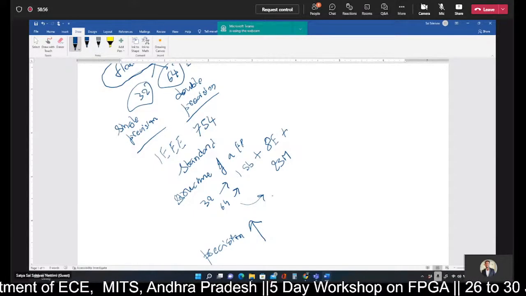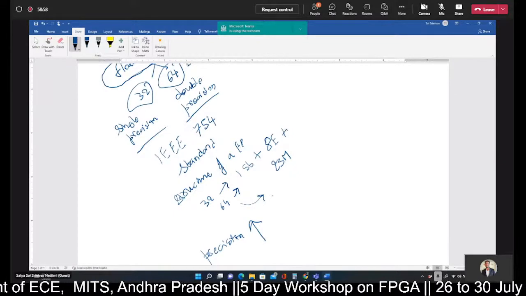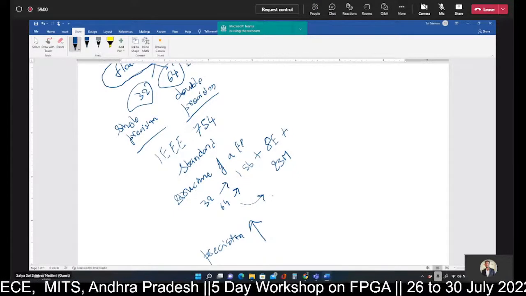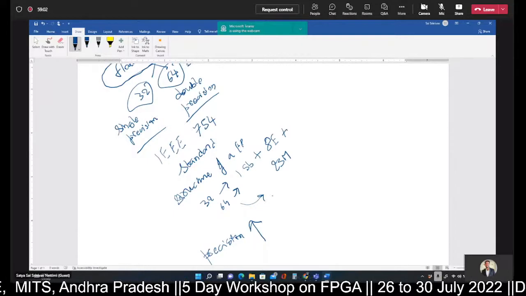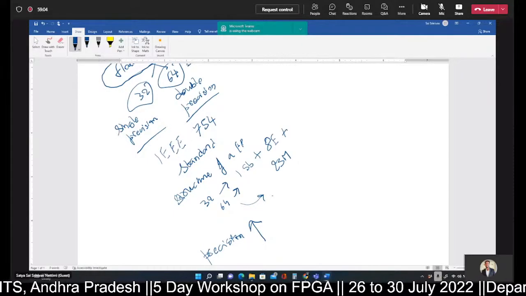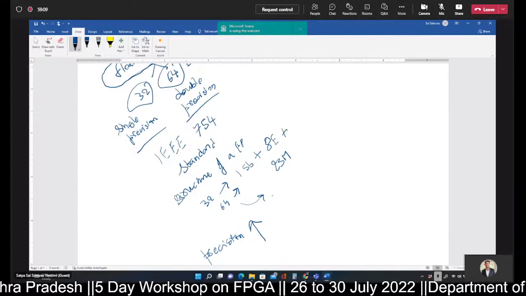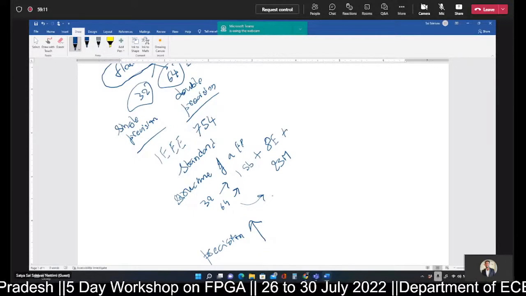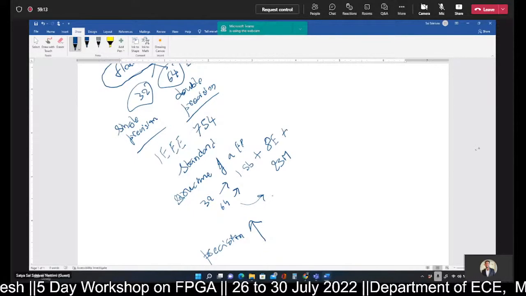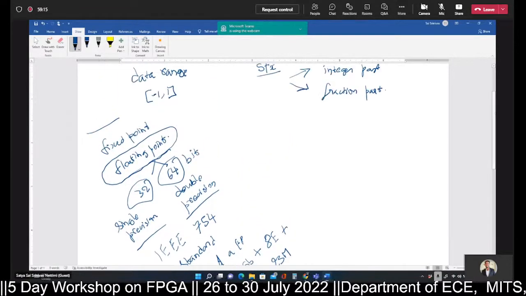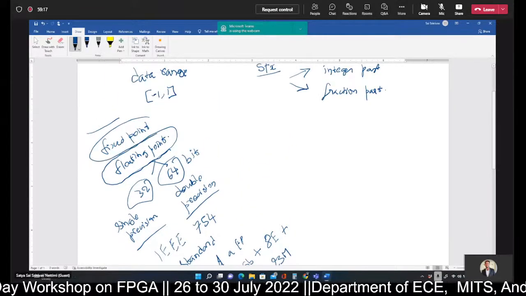If you don't require such a high precision, even with a reduced precision your application may still work. Then it is not always the best choice to go with floating point numbers. So generally, designers will go with the fixed point notation.